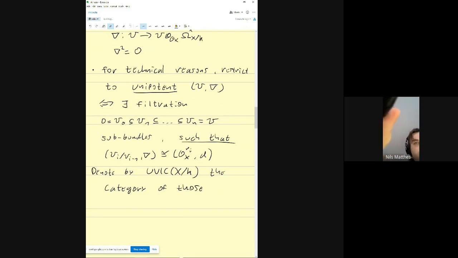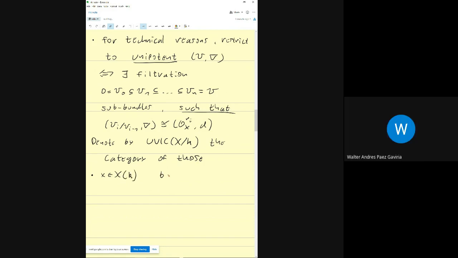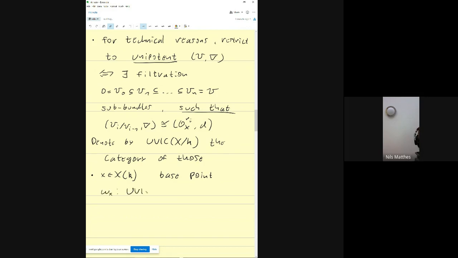All right, and this is going to be our analog of the category of locally constant sheaves on a topological space. So how do we get from there the de Rham fundamental group? Well, given any base point, which is going to be a k-rational point of X, you get a fiber functor omega_x, very similar to before, except now it takes values in the category of k-vector spaces.